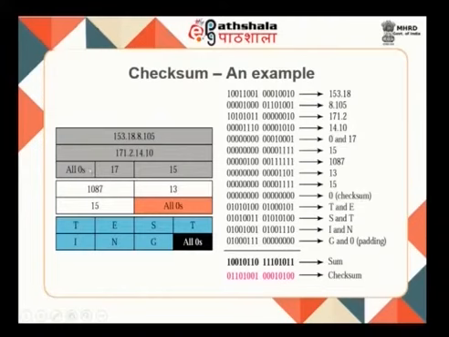If you look at this whole packet now, including the pseudo header, we organize this into 16-bit words. So, your 153.18 is one 16-bit part, followed by 8.105, followed by 171.2, followed by 14.10, then 0 and 17, and then you have 15, 0 and 15, then 1087, which is again another 16-bit number, 13 another 16-bit number, 15 another 16-bit number, and then the all zeros.